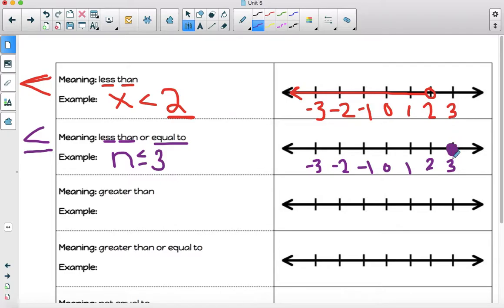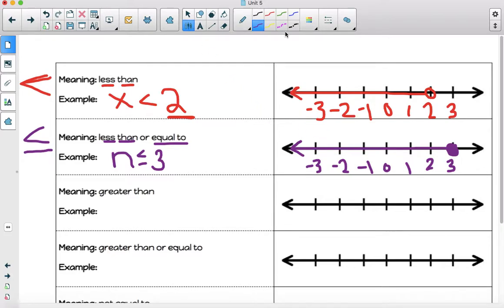Okay, so that is the difference between less than, which gets the hollow circle, and less than or equal to, which gets a filled in circle. So it can be equal to 3, so it gets colored in, but then it could also be any of these numbers that are less than 3. So you draw your line with your arrow pointing towards the left.